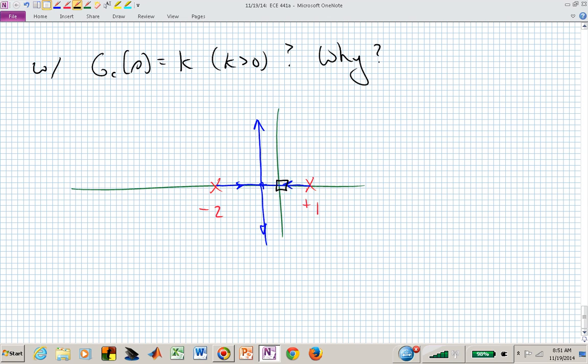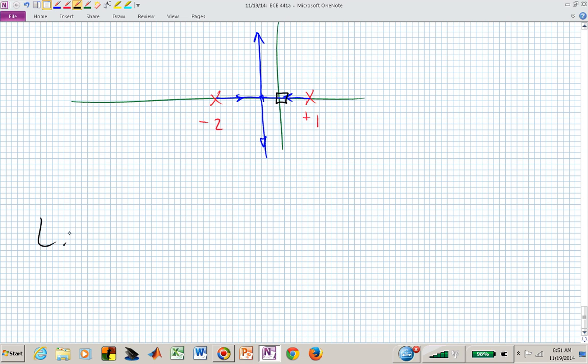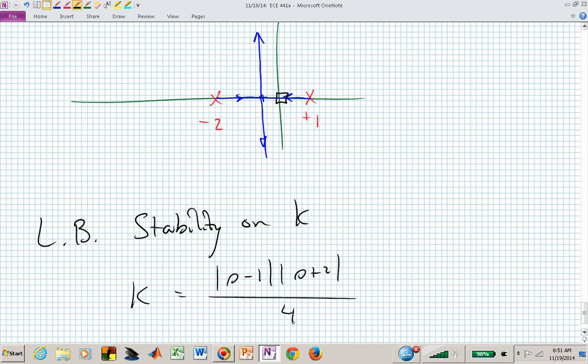I probably wouldn't want to. But the lower bound for stability on K is now whatever the system was. That was now this S minus 1, S plus 2, all divided by 4, evaluated at 0. And that's pretty easy to compute.